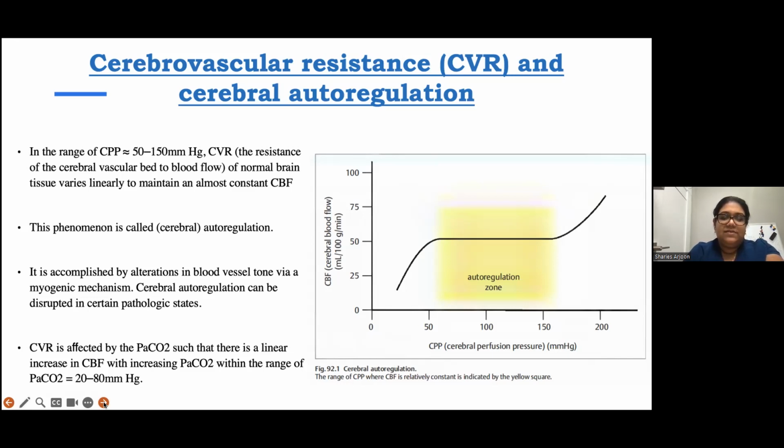Cerebrovascular resistance is affected by partial pressure of carbon dioxide, such that there's a linear increase in the cerebral blood flow with increase in PCO2 within the range of PCO2 equal to 20 to 80 millimeters mercury.